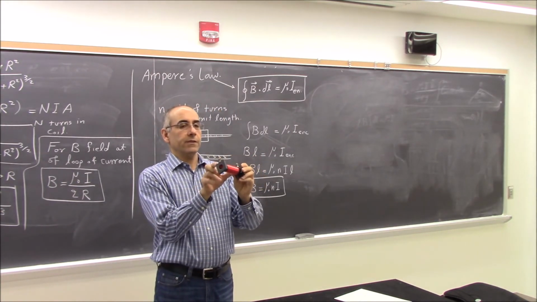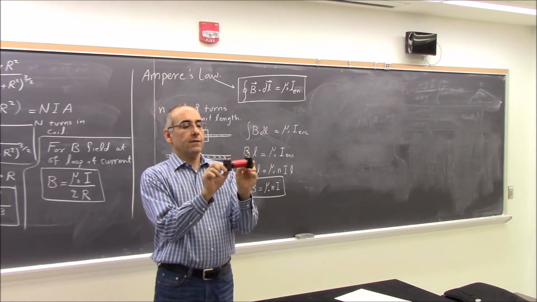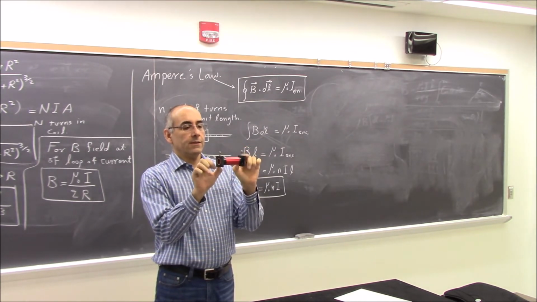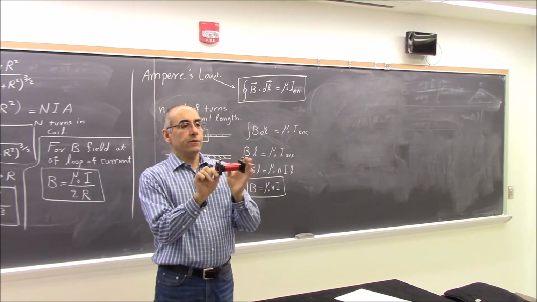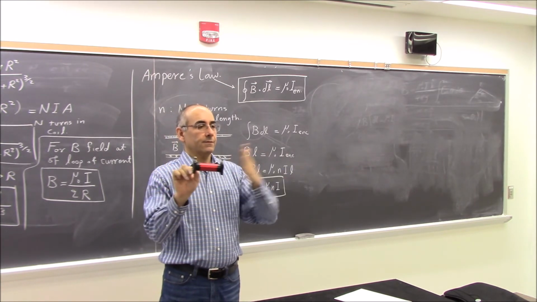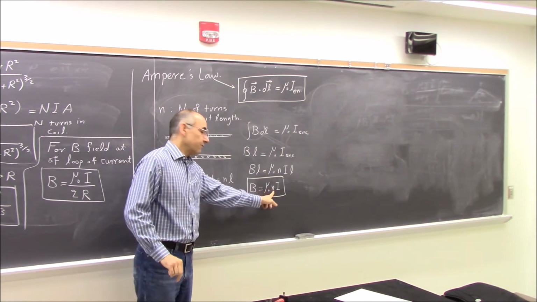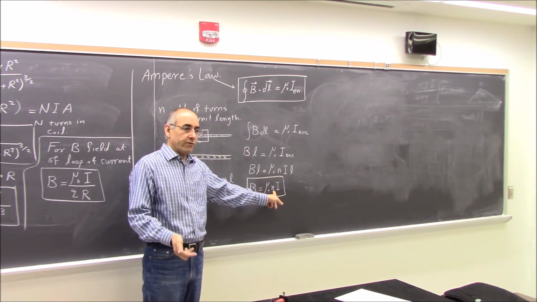If it has 5,000 turns in 10 centimeters, then it will be 50,000 turns per meter. So this n is usually a large number, like 50,000.